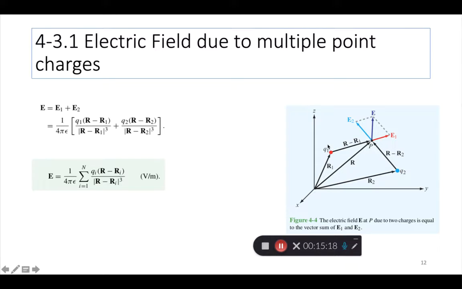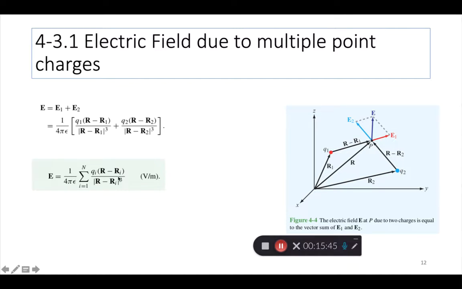This is in the textbook, so I haven't gone through every step, but when you solve it at point P, each of the two charges Q1 and Q2 gives out one electric field. Q1 gives you E1, Q2 gives you E2, and the sum depends on the location, obviously. That's why we are using vector analysis.